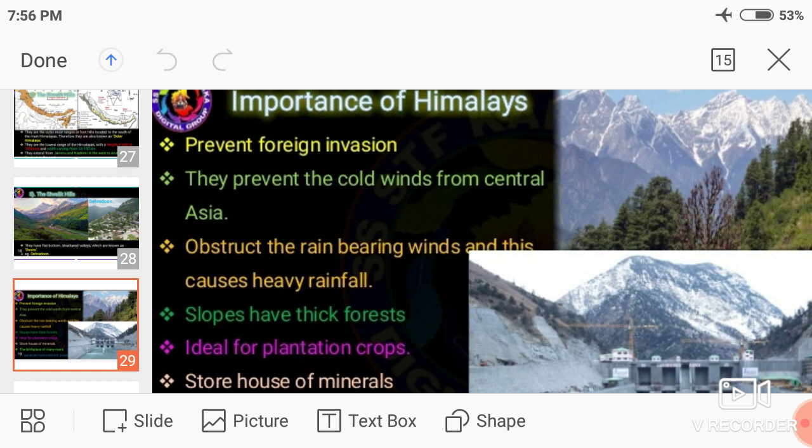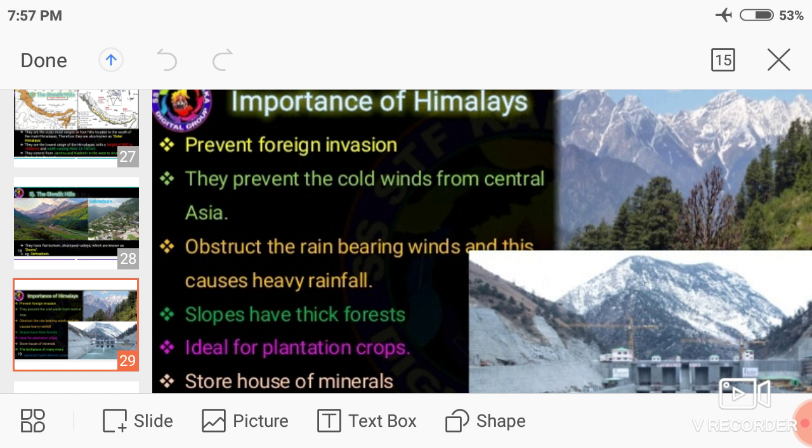Next, they obstruct the rain-bearing winds, and this causes heavy rainfall.